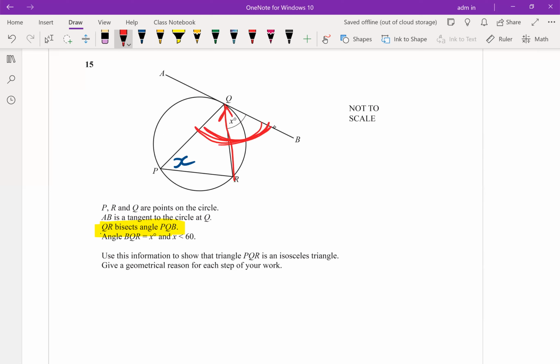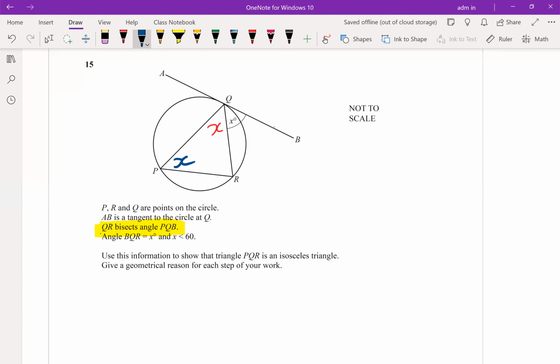Bisect this angle means the right angle is x, so the left angle will also be x. Bisect means divided into halves, so each will be x.